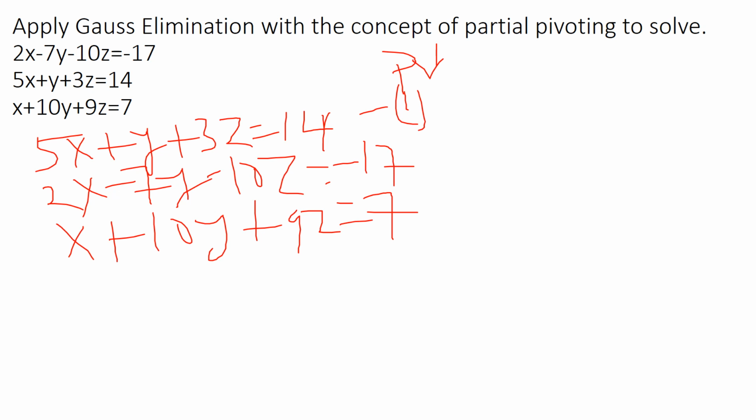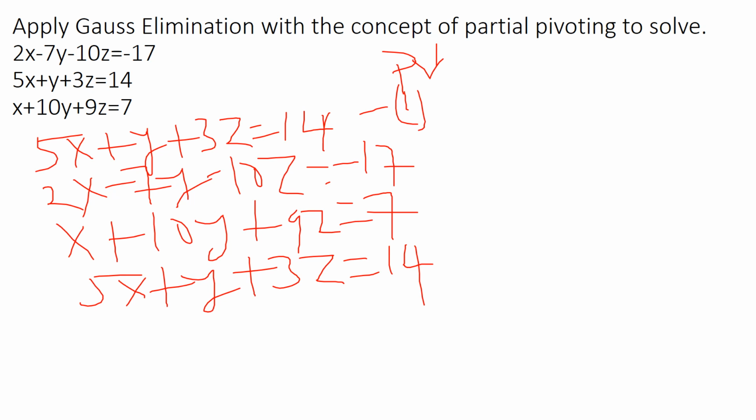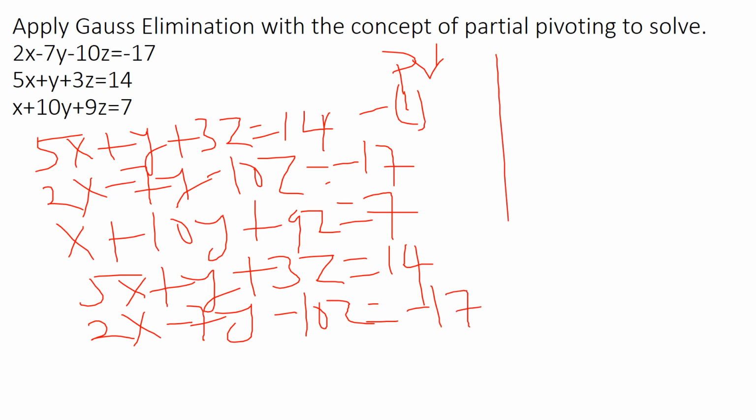So we shall have 5x plus y plus 3z equals 14. Remember, this is our pivot. And then the second equation, remember, was 2x minus 7y minus 10z equals negative 17.